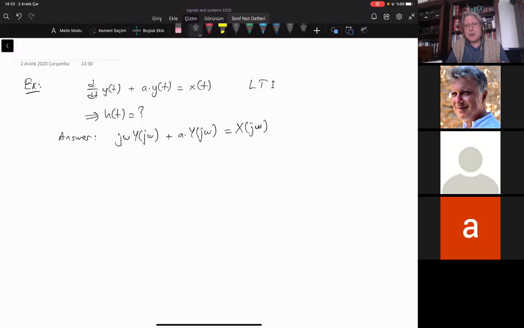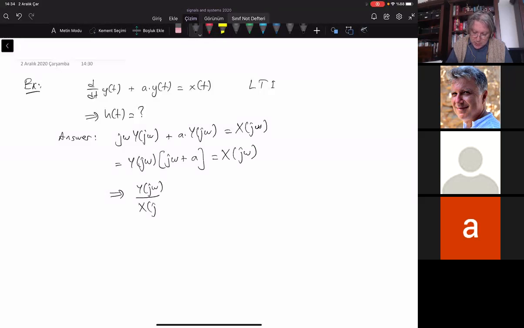All right. Now we are in a very good situation because I can put everything on the left-hand side of the equation into a parenthesis of y of j omega. And that is j omega plus a, and that is equal to x of j omega. And y of j omega divided by x of j omega is, what is this, by the way?